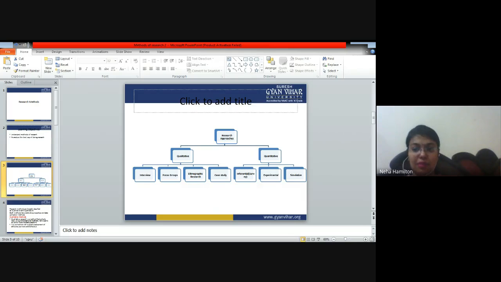As the name suggests, the qualitative method is one in which quality is involved, and the quantitative method is one in which numbers, figures, and statistics are involved.